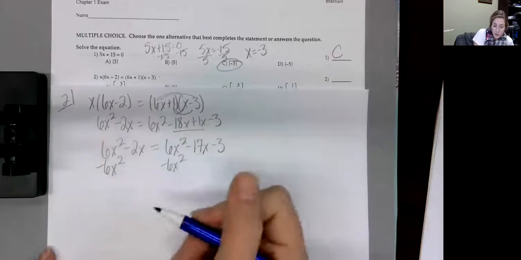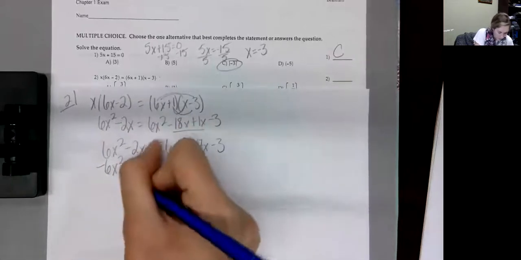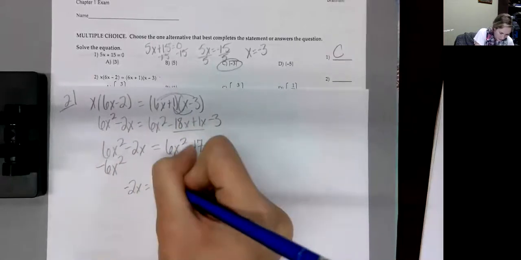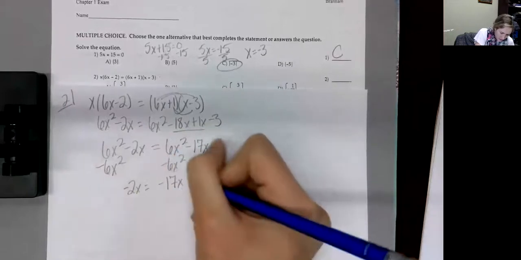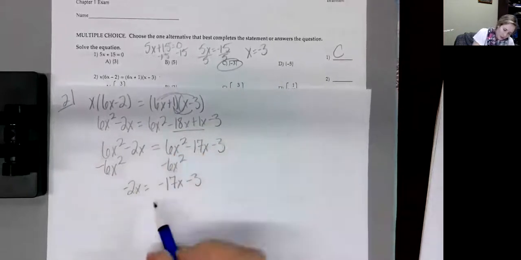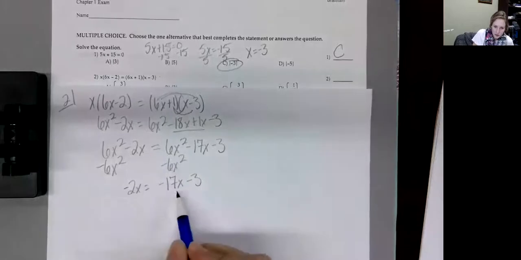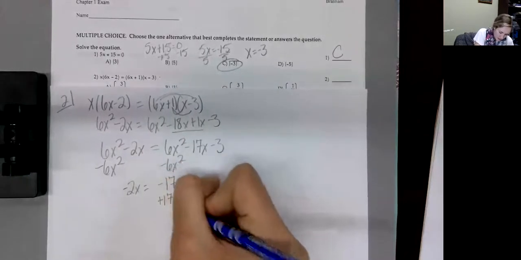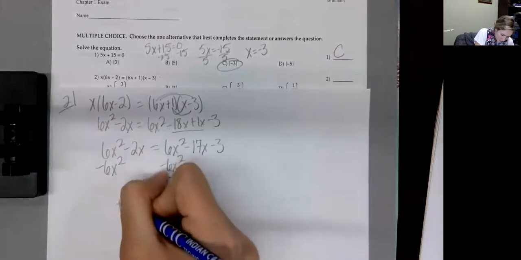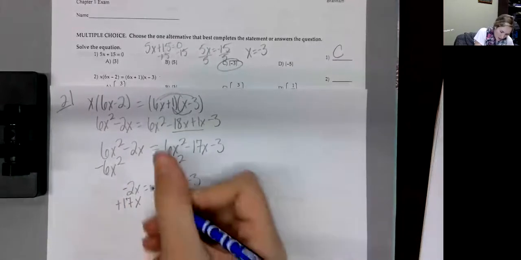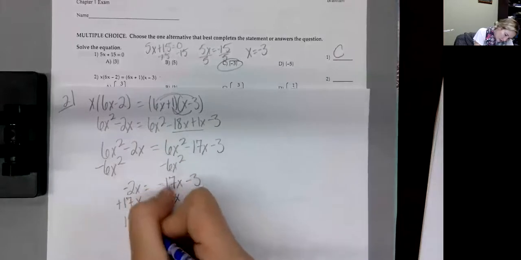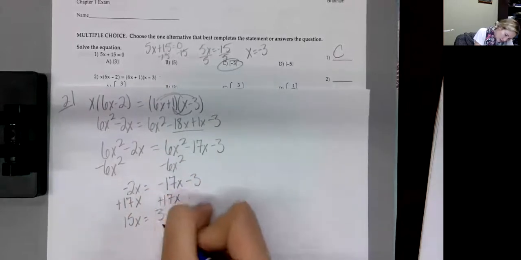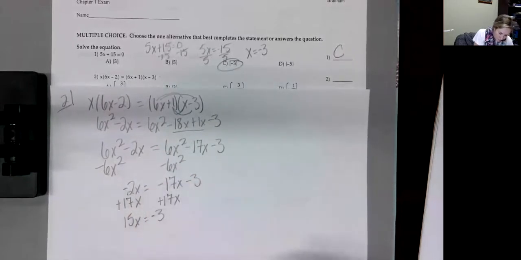So I'd have negative 2x equals negative 17x subtract 3. Negative 2 is greater than negative 17, so I'm going to move my 17x to the negative 2x, which is going to give us 15x equals 3, and then subtract 3.